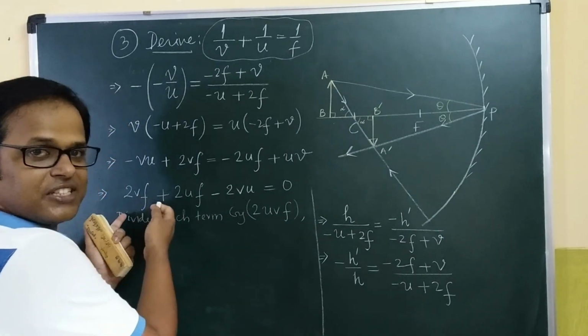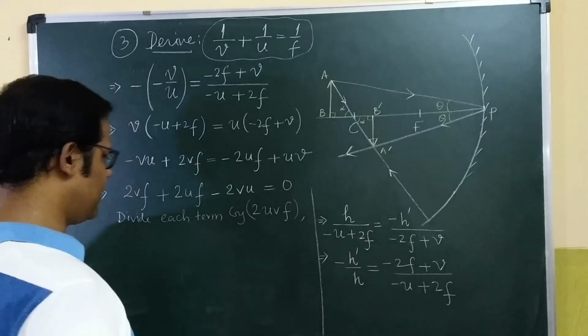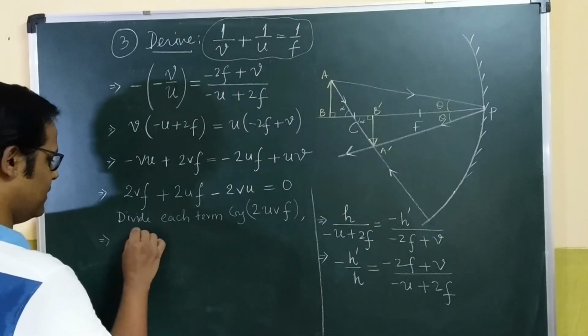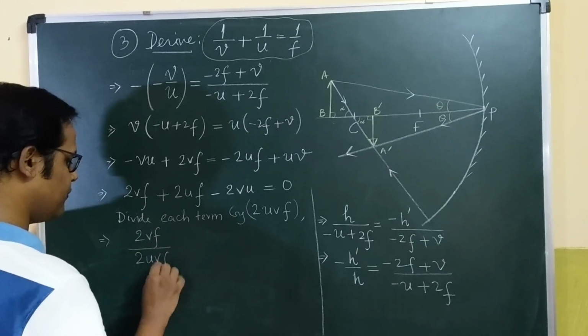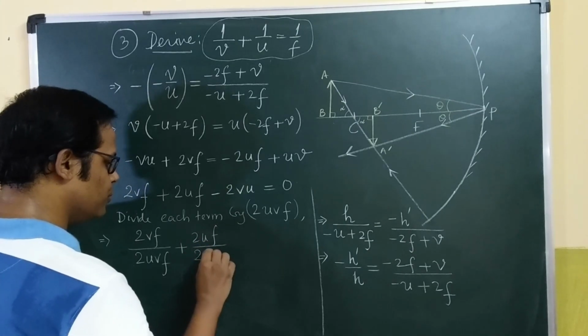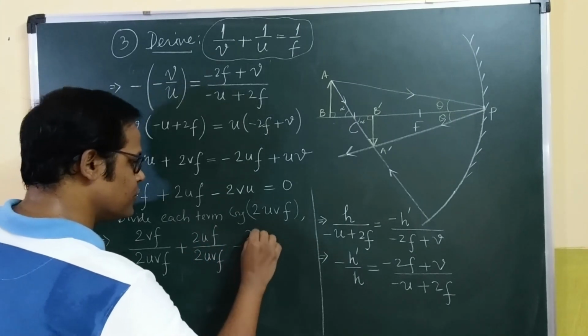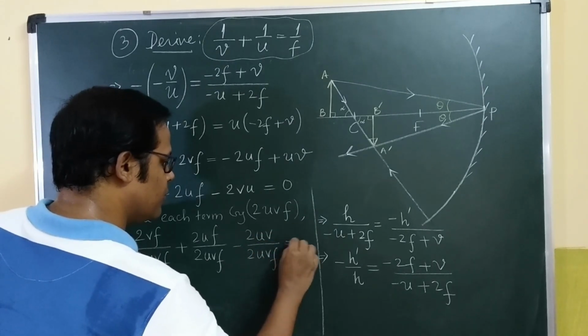What I am doing for the first term, I am going to do for the second and for the third also. So nothing wrong in it. So you'll see what happens. 2vf by 2uvf plus 2uf by 2uvf minus 2uv by 2uvf should be equal to 0.